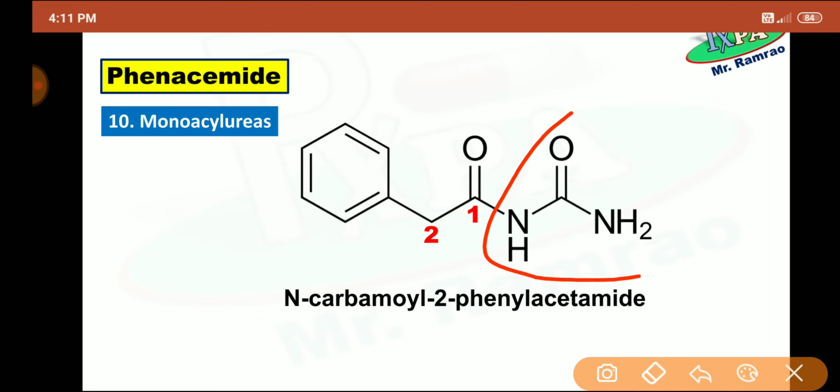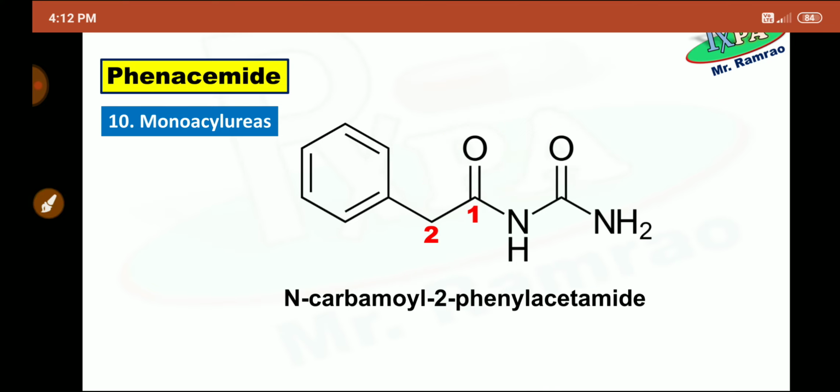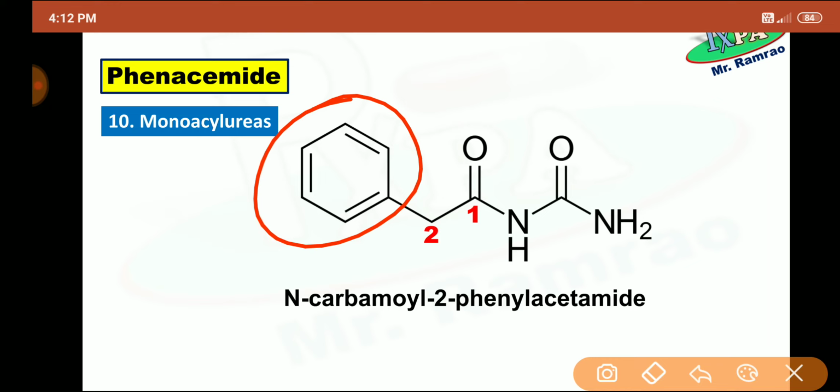You know the structure of urea? NH2CONH2 is known as urea, and this part, CH3CO, is the acyl group or the acetyl group. That's why it belongs to the chemical class monoacyl ureas, and the name of the molecule is phenacemide. Why phenacemide? Phenyl acetyl amide, therefore it is known as phenacemide.